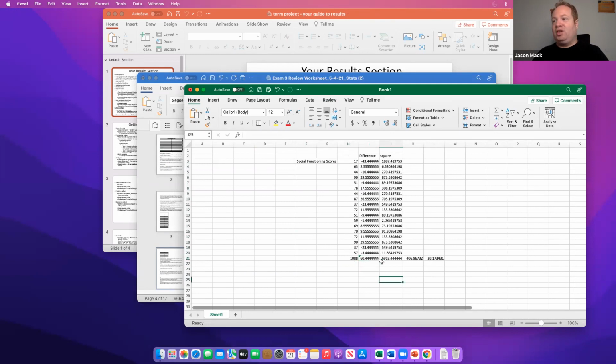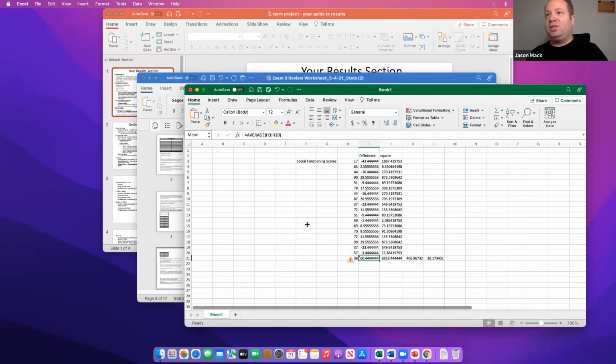Now, the next thing we're going to do is take the difference of the scores and the sample mean. So we're taking each value, 17 and so on, and subtracting the mean.